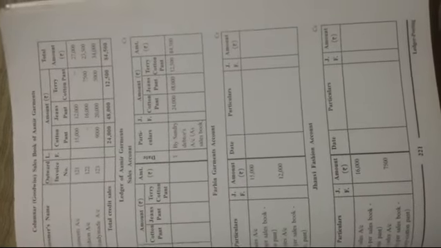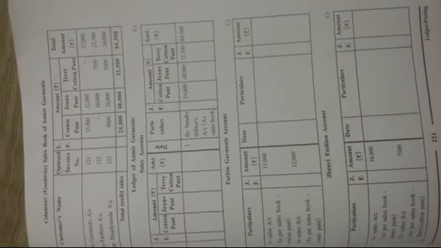Multiply 250 into 30, that would become 7,500. At the end you have to total both the amounts. 16,000 plus 7,500 would become 23,500. Got it?